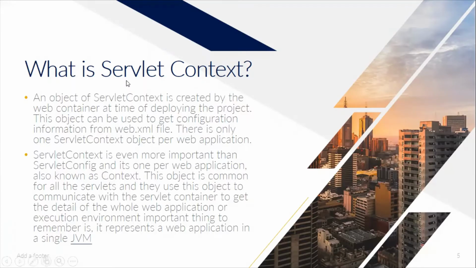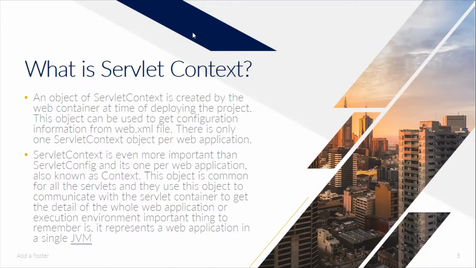What is Servlet Context? An object of Servlet Context is created by the web container at the time of deploying the project. This object can be used to get configuration information from the XML file. There is only one Servlet Context object per web application.